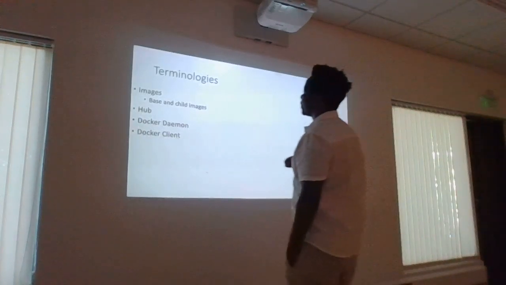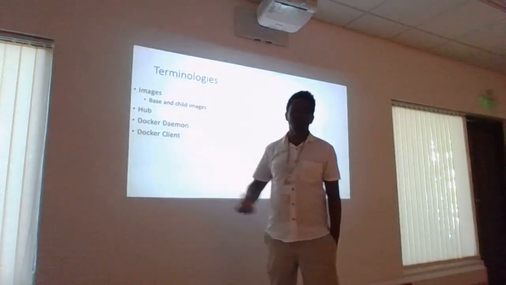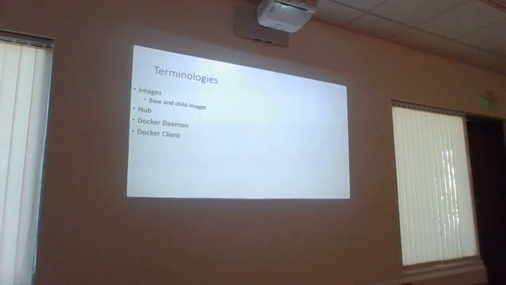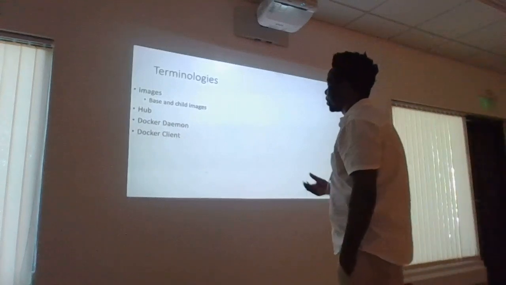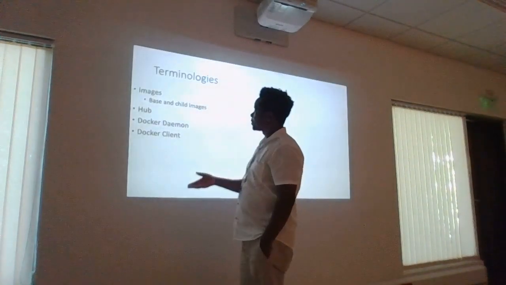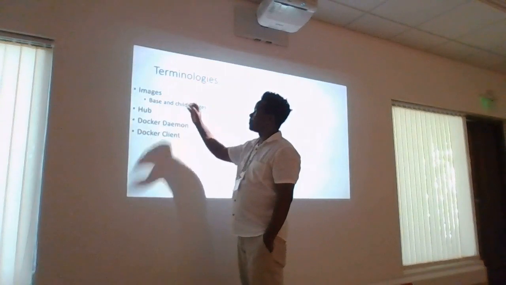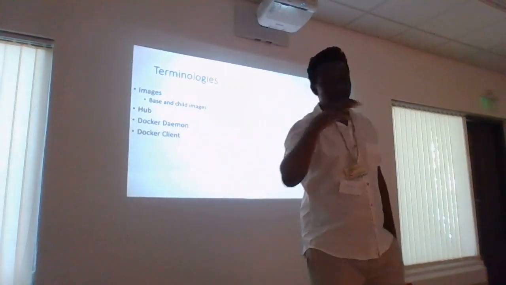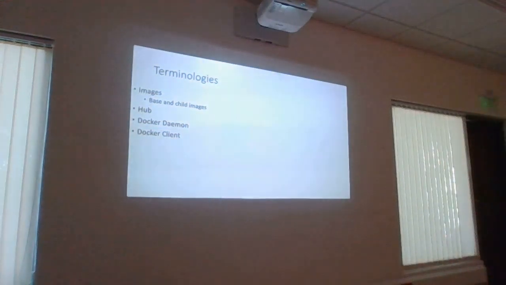And then you've got the Docker daemon, which is the main engine, really, the core software that is abstracting your operating system and hardware resources to allow different images to run, and the Docker client, which, depending on the scale, can be either a particular virtual machine computer, or it can be any of those images.